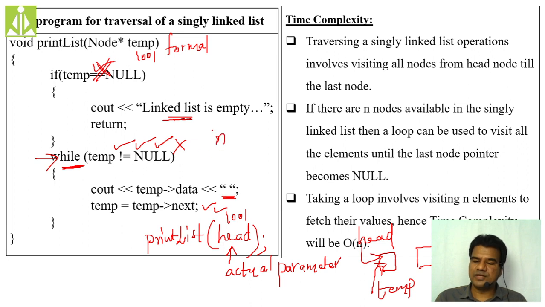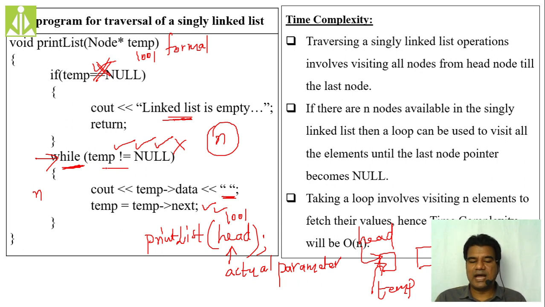If the number of nodes is n, then the number of times this loop will iterate is also n, isn't it? Because if you have one node, it will iterate only one time. If you have two nodes, it will iterate two times, because this loop is going to visit the node and print that node's content. It will also iterate when the loop condition becomes false, that is, when it reaches null, visiting the last node's next pointer.